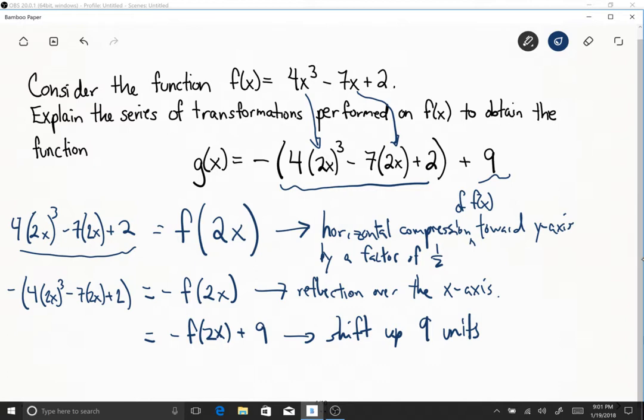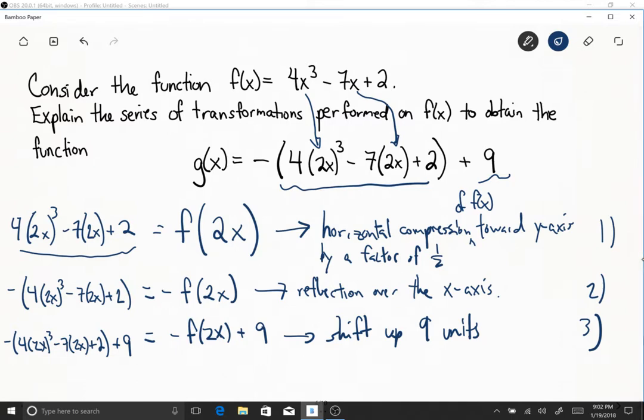Okay, so you'd get negative 4 times 2x, the quantity cubed, minus 7 times 2x plus 2 plus 9, and notice we have our full function. So there's your steps 1, 2, and 3. So now you see how we can actually write down the steps in order.